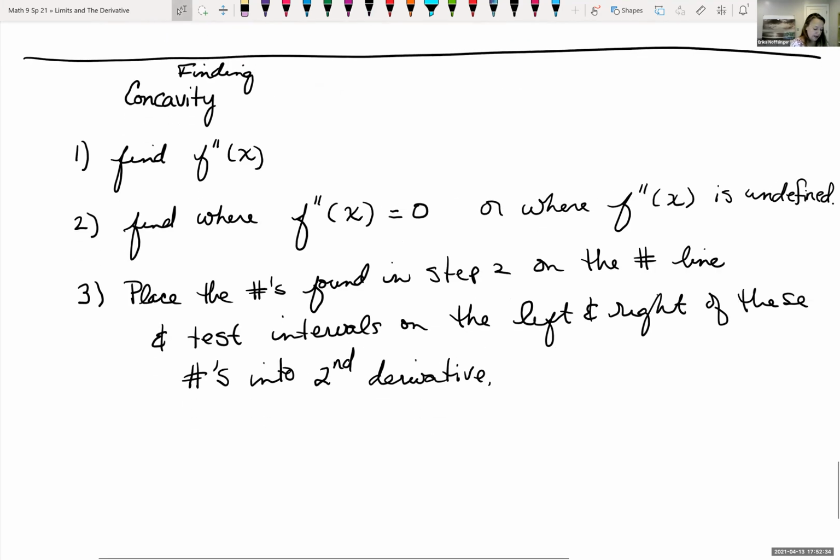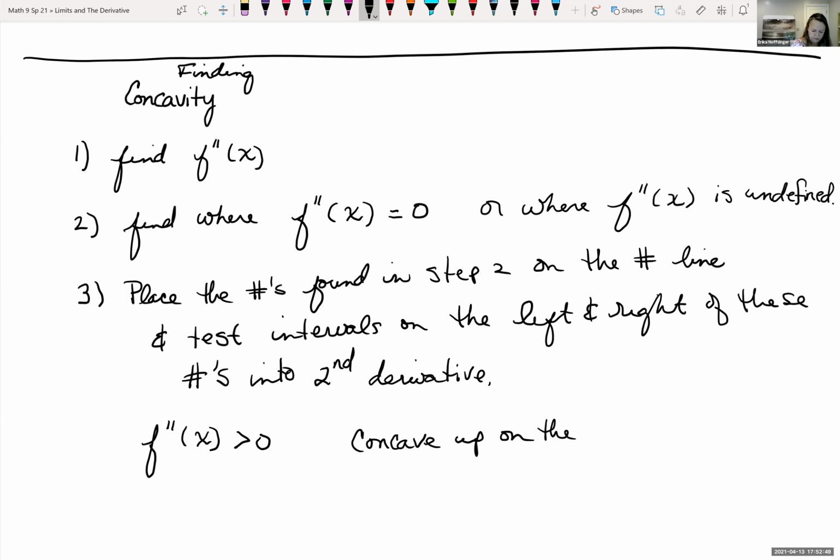If you plug in a number and it was greater than 0, you know that it is concave up on that interval. If you plug in a number in that interval and it's less than 0, into the second derivative, it's concave down on that interval.